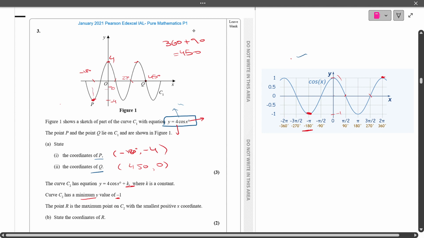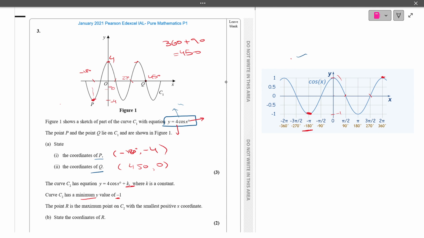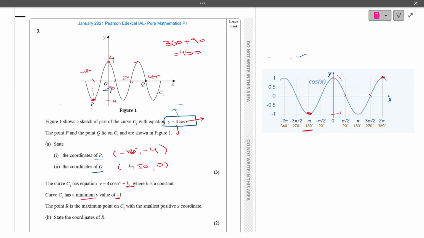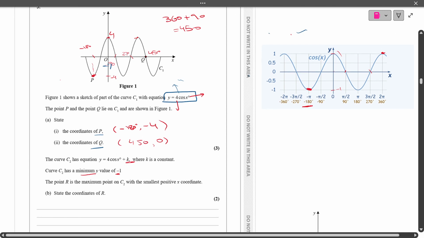So this means the whole graph is shifted up. Let's say here is -1.